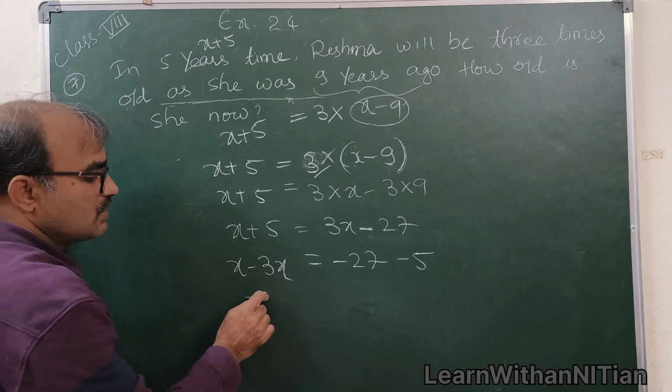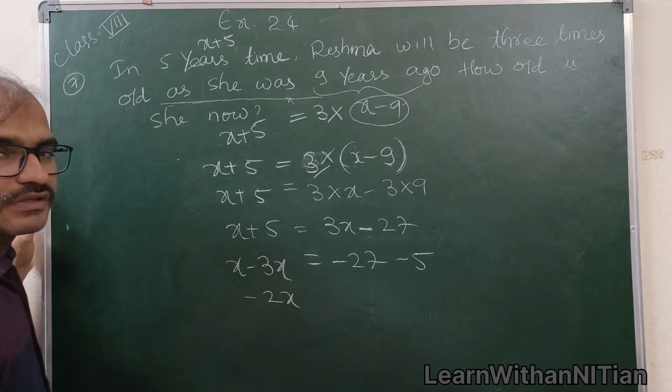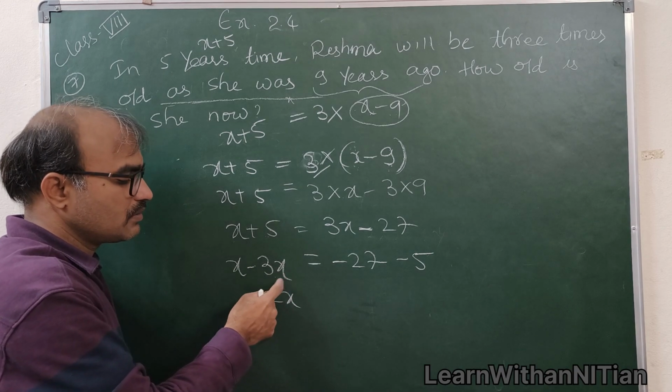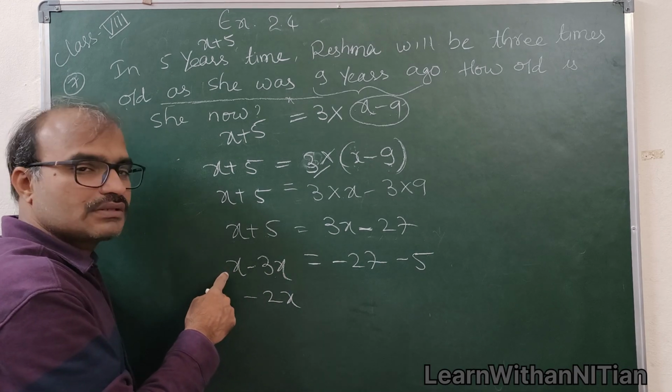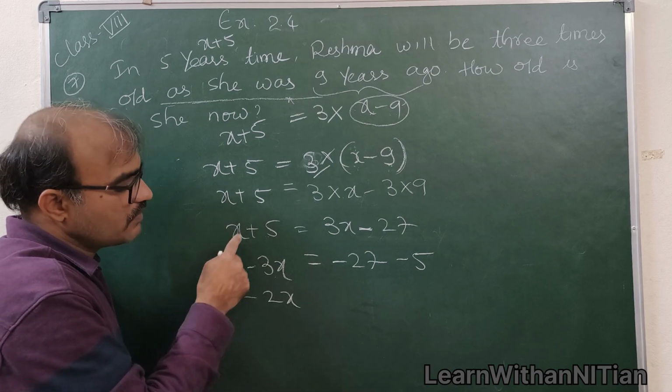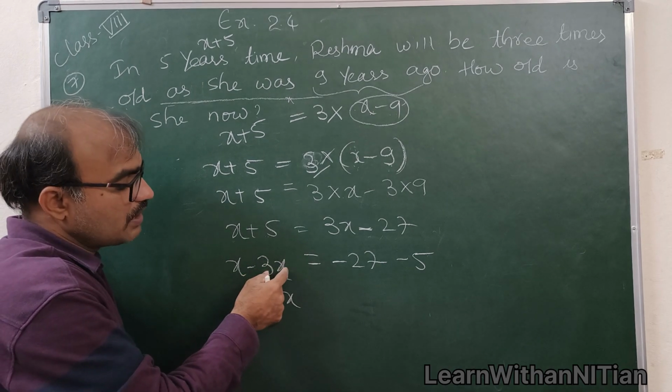x minus 3x is minus 2x, means 1x, from 1x you have to remove 3x's, right? So minus 2x will be.